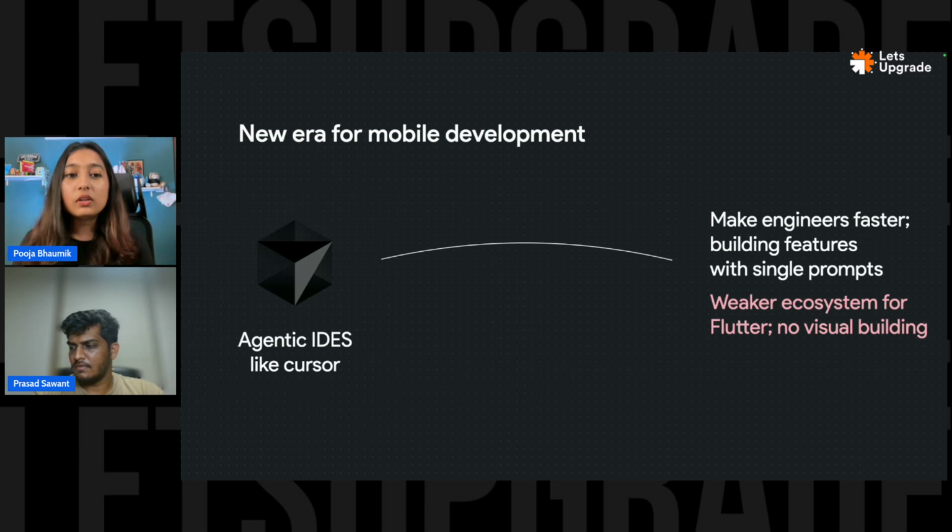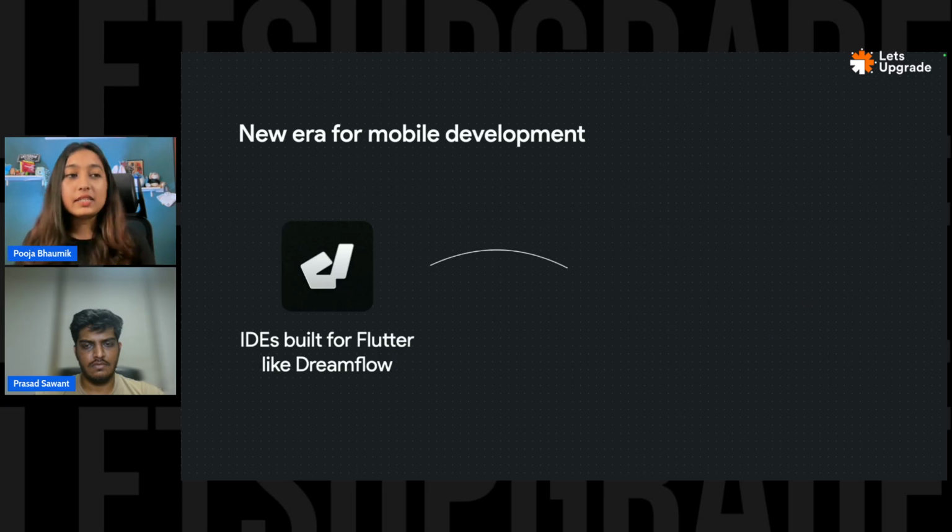And that is what we were losing out on with Cursor, because it supports everything. So it does not have an ecosystem for a specific development workflow, right? So visual building is something that is being solved by IDEs that are built for Flutter.